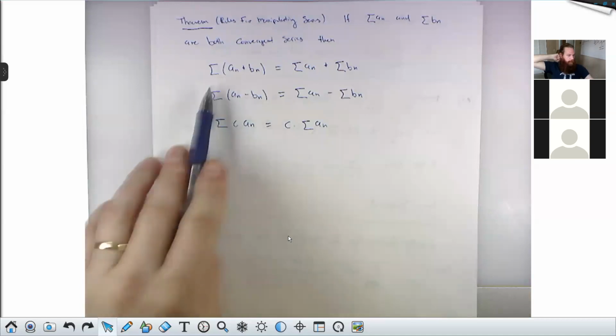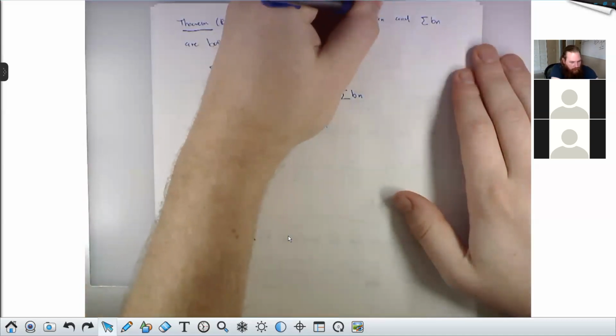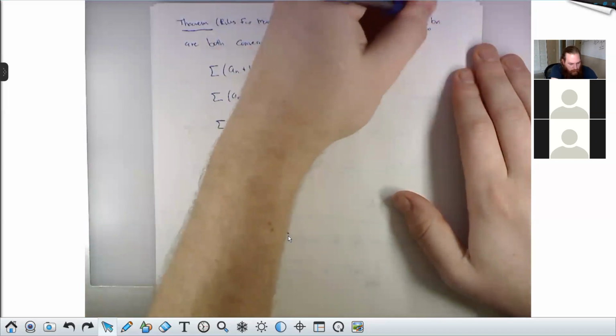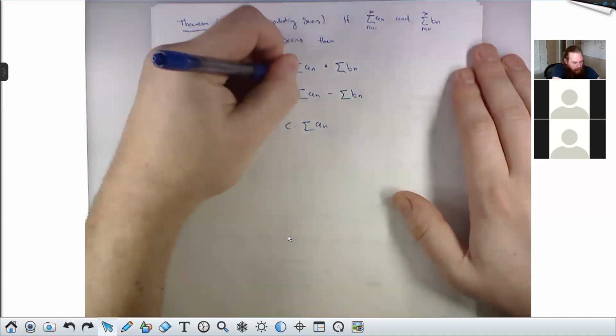And if writing these without bounds scares you, you can always put in n equals 0 to infinity. But you should understand that this works just fine independent of these bounds.